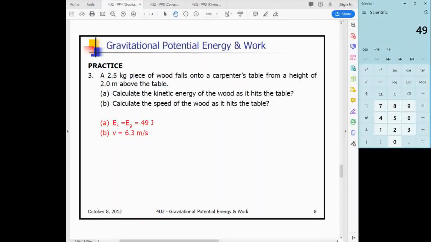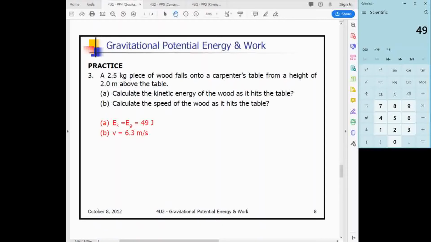So now we have to calculate the speed of the wood as it hits the table. So the equation we're looking at here is E_k equals 1/2 mv squared. So E_k is 49, 1/2 m, we know the m is 2.5, and the v squared is what we need to solve for.